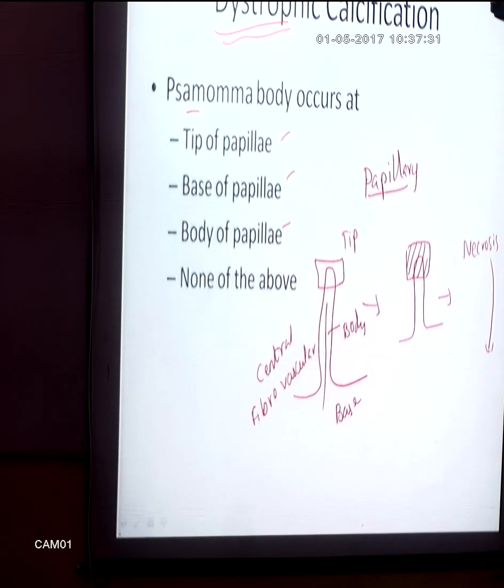That is nothing but the Psammoma bodies. So now we will come back. The dystrophic calcification occurs at the site of necrosis, where the necrosis is common in the tip of the papilla, because the blood supply to the tip of the papilla is reduced compared to the rest of the papilla. That's as simple as that. So the tip of the papilla was the answer.